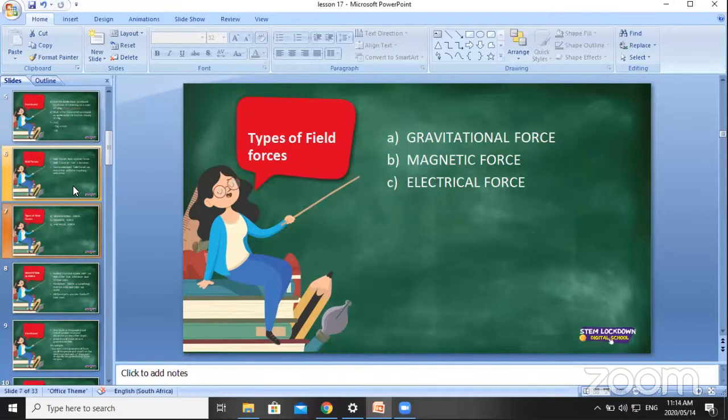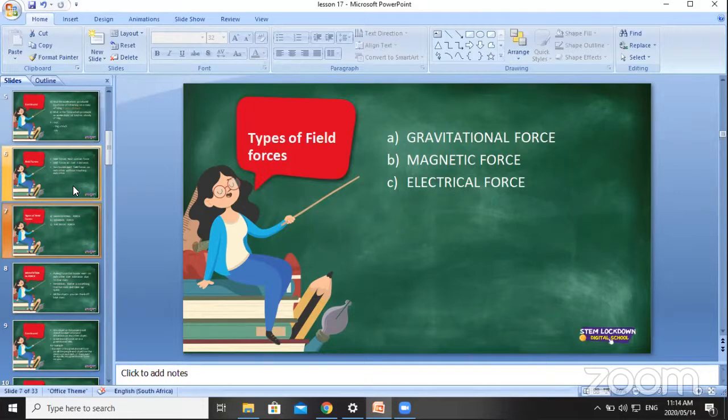Today we are doing non-contact forces, and we've also got 3 types: gravitational force, magnetic force, and electric force. They are all known as non-contact forces or field forces. Are we clear, grade 9s?